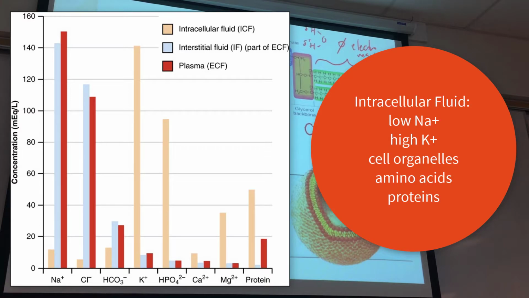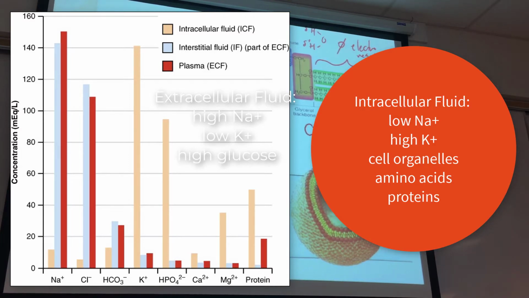We've got a lot of amino acids and proteins. On the outside, we've got the reverse, meaning we've got low potassium, high sodium, and we've got a lot of glucose on the outside.